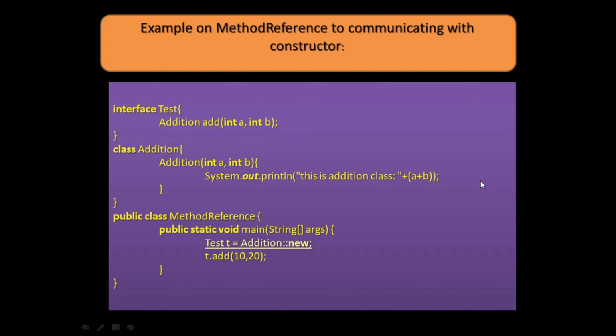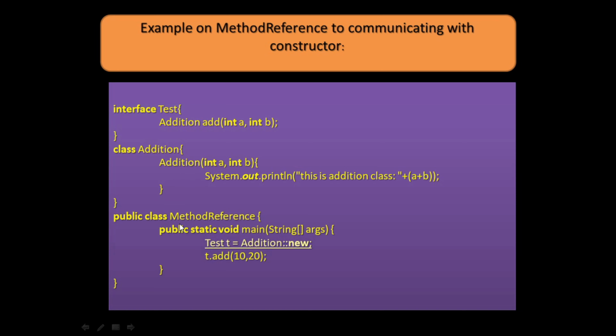You see an example on method reference to communicate with a constructor. It is a good example. In the previous slides we communicated with a static method or non-static method. Now you see communicating with a constructor. First we have a Test interface, then one class Addition. It has one constructor with two arguments of integer type.